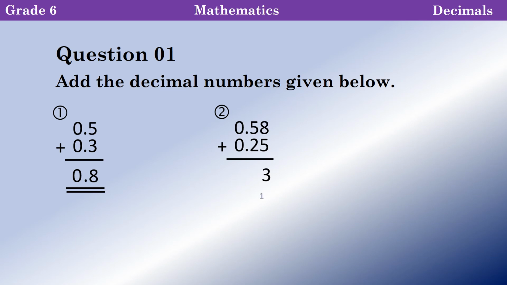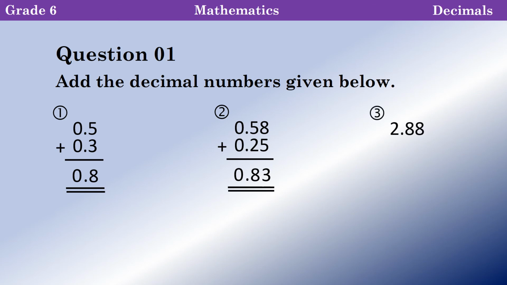We bring that 1 to the other side, to the first decimal place. Then 1 plus 5 is 6. 6 plus 2 is 8. And the decimal point is kept at the same position. Ones place digits are both 0. 0 plus 0 is 0. Therefore, the answer is 0.83.